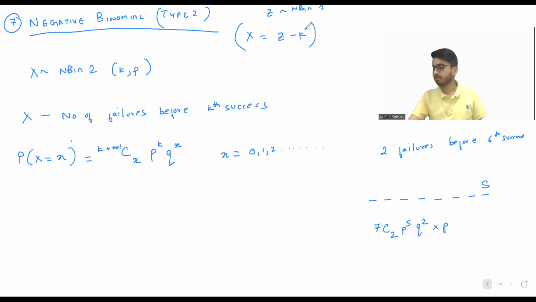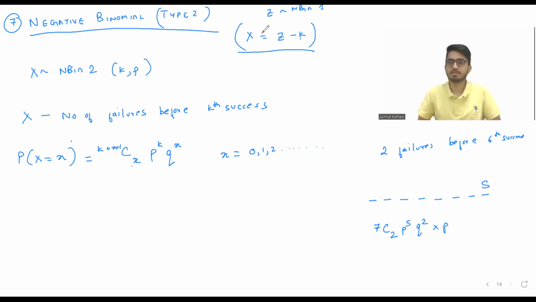Like there we had X was Y minus 1, here Z minus k. You can just visualize: if on the 10th trial I got my 6th success, then the number of failures before the 6th success is 4, which is 10 minus 6, Z minus k. You can write this relation as well: negative binomial type 2 is negative binomial type 1 minus k.